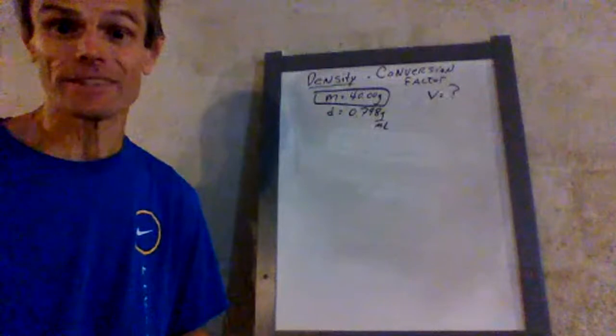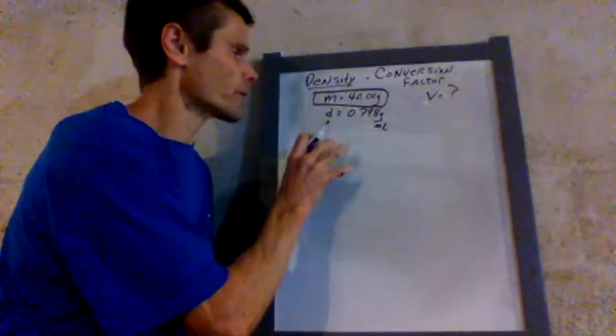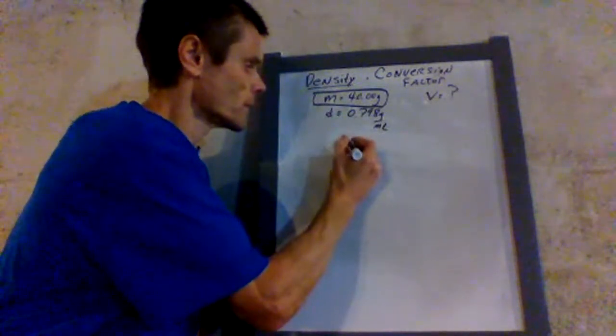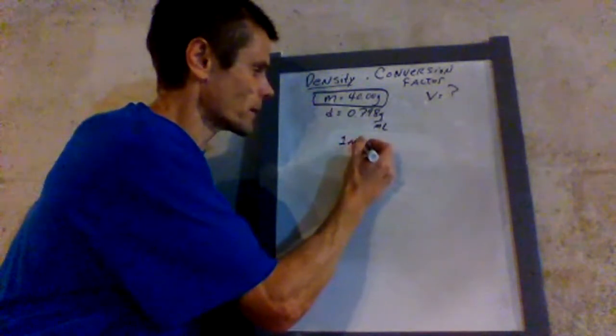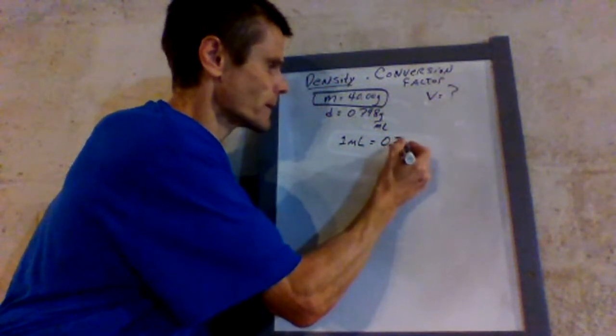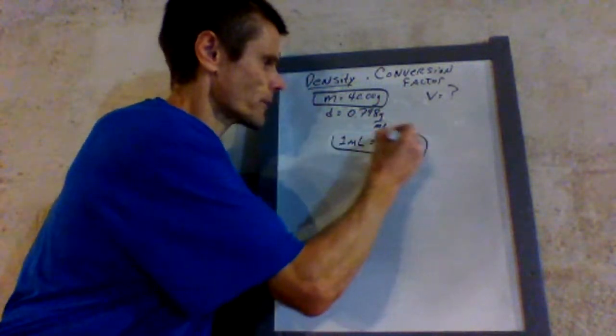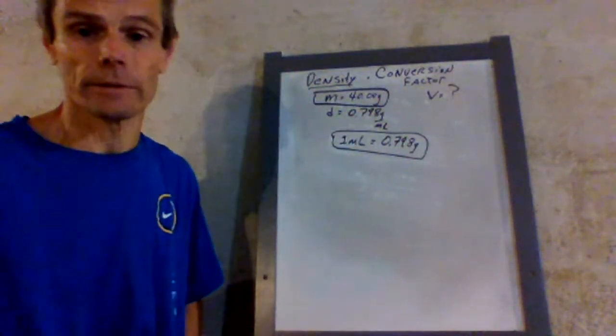So let's write down density as a conversion factor. What density tells us is this ratio: that 1 milliliter of our sample here, ethanol, has a mass of 0.798 grams, which is a conversion factor, such as we've been discussing earlier.